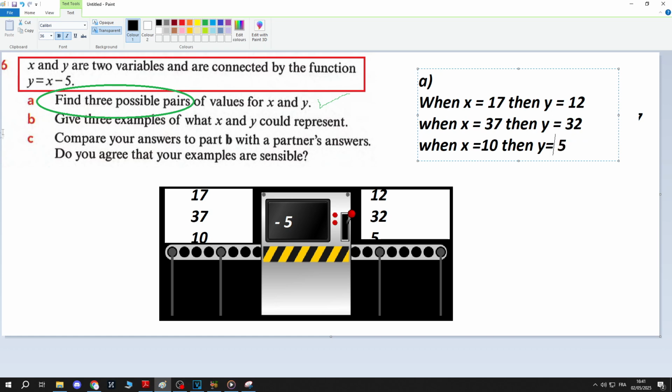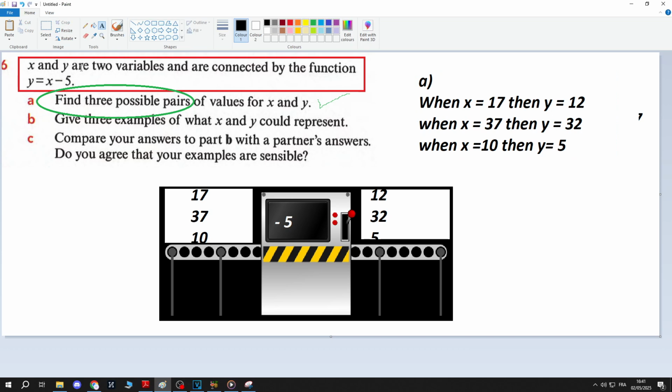Now, B is more of you thinking about real life things. For example, give 3 examples of what x and y could represent. What could the context of this be? Let's start with the example of chickens. If Tariq is watching this, you would know that this is his favorite example for everything. He likes chickens a lot, apparently.